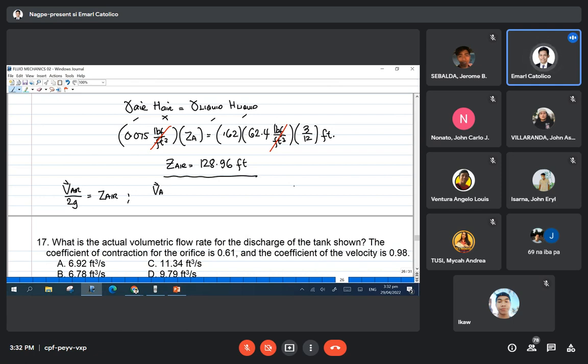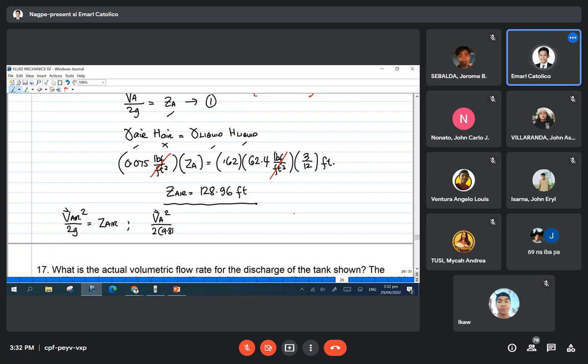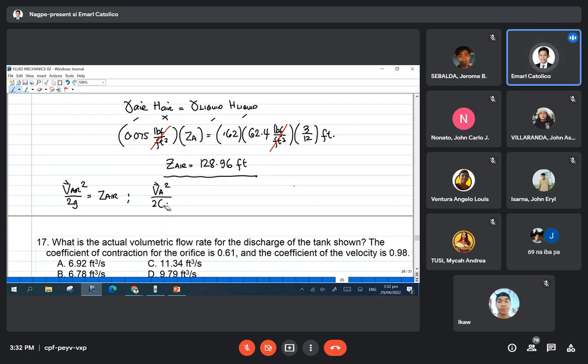Velocity ng air squared over 2 times 9.81. Ay, English ba to? English pala. 32.2 feet per second squared is equals to 128.96 feet.